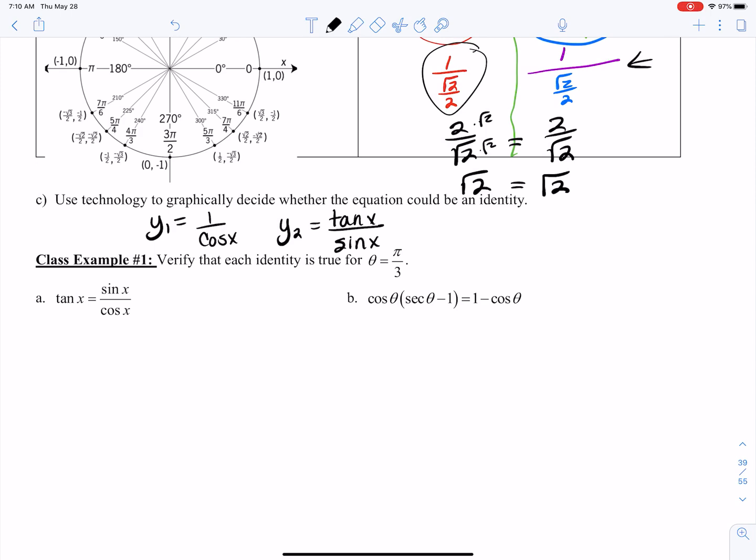Now, what you can do for good window settings is use 0 as your min for x, 2 pi as your max, and then maybe go pi over 6, and just adjust the y window settings so you can see it, and the two graphs should overlap. So I'll let you do that and check that out, see if that worked out for you.